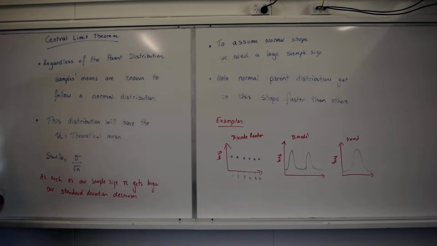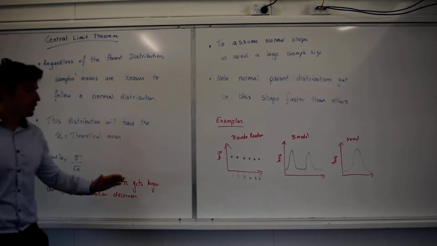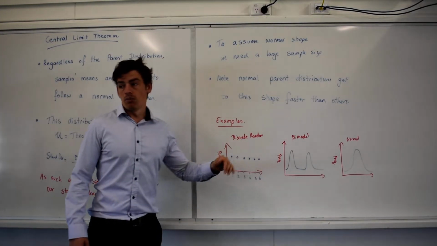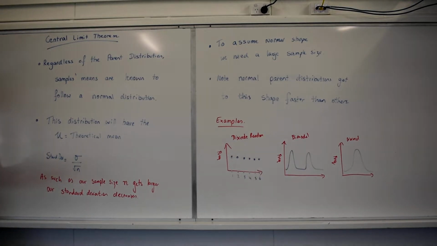So if I was to roll 5 dice and collect the means over time, what I would find is that my means centre around 3.5 and they form a normal distribution, which means that I'm more likely to get a mean of 3 than I am to get a mean of 1. Does that make sense? How would I get a mean of 1 if I'm rolling 5 dice?